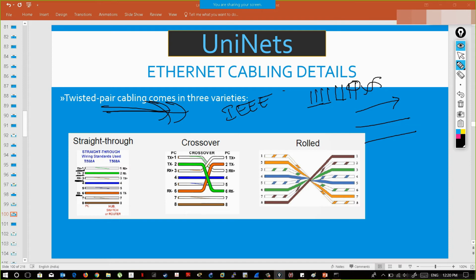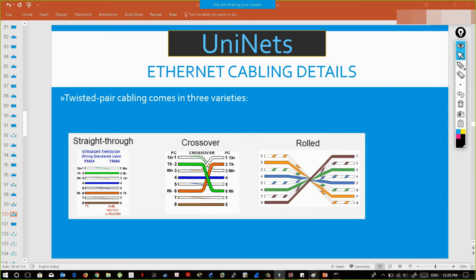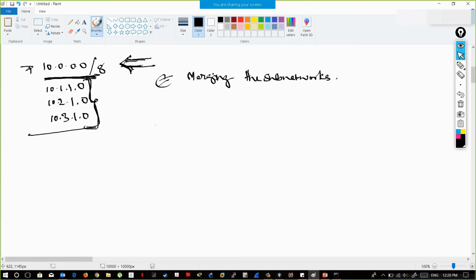Straight is like directly: my TX1 cable, which is connected to my TX1, will be connected in the straight way to RX1 of the other device. So they are across different devices. Yeah, that is the thing.